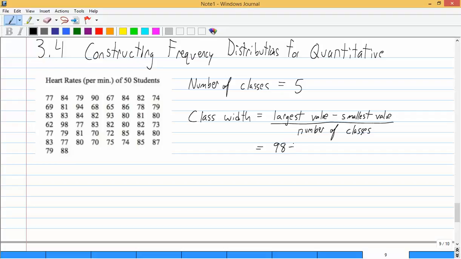So 98 minus the smallest value, 67, 65, 62. I don't see anything smaller than 62. So minus 62 divided by the number of classes. So we want 5.